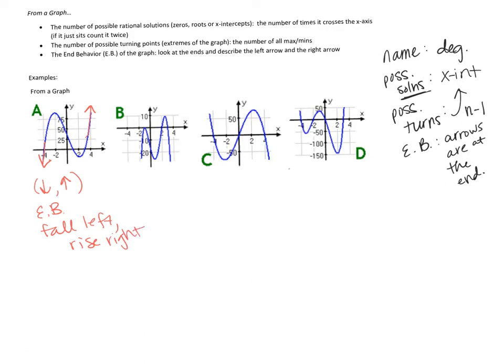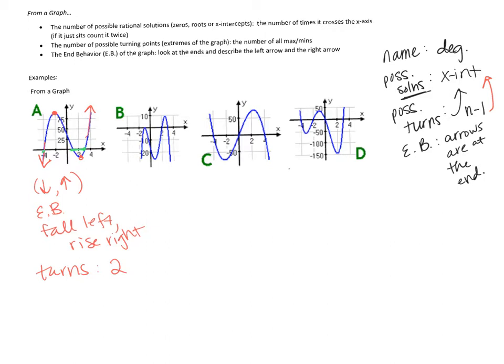Okay. Now, I can figure out how many turns. So I see I'm turning 2 times. So there's going to be 2 turns. Now, if I'm going backwards and I know how many turns there are and I want to go back to intercepts, I can either look and see, well, where is it crossing the x-axis? Well, it's crossing 1, 2, 3 times.